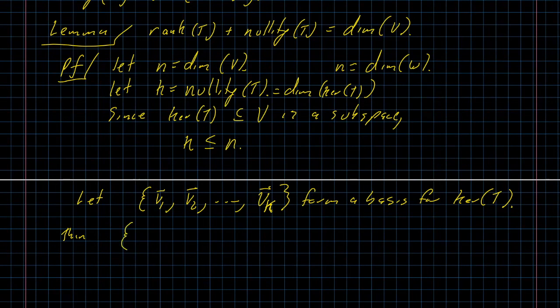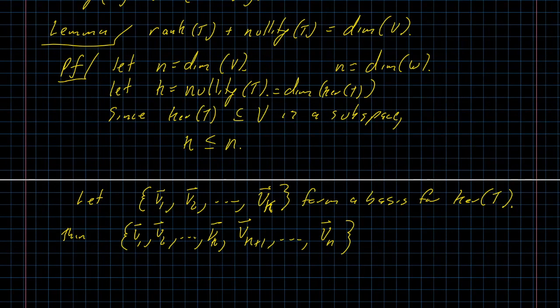And if I take the same v1 through vk, and I introduce a few more, vk+1, all the way down through to vn. Right? v1 through vk are already linearly independent.